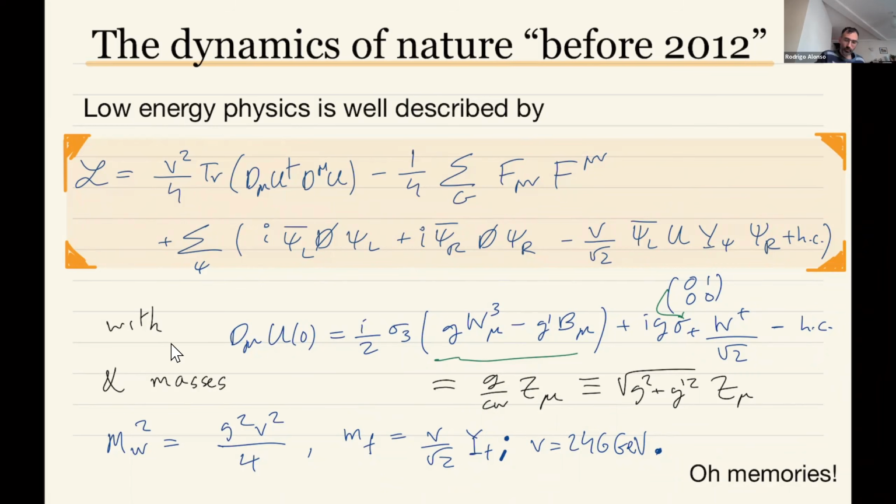And I just made this note here, memories, because I think it gives some perspective to think about how I remember when I was a student in school some 10 years ago. One of the teachers in the school, actually, Alex Pomarol, presenting this Lagrangian to me.